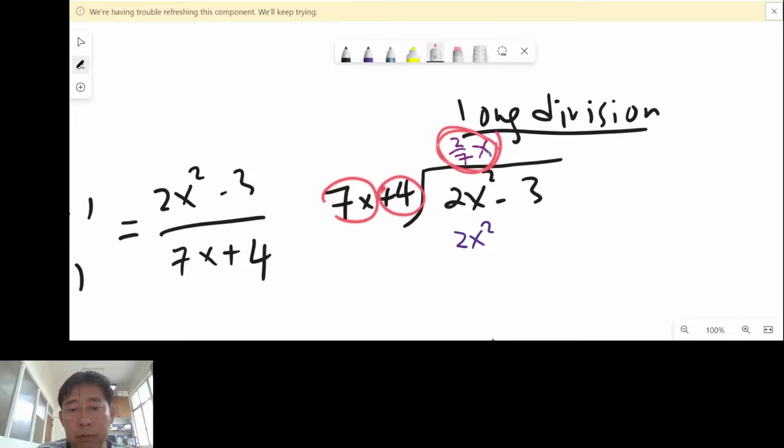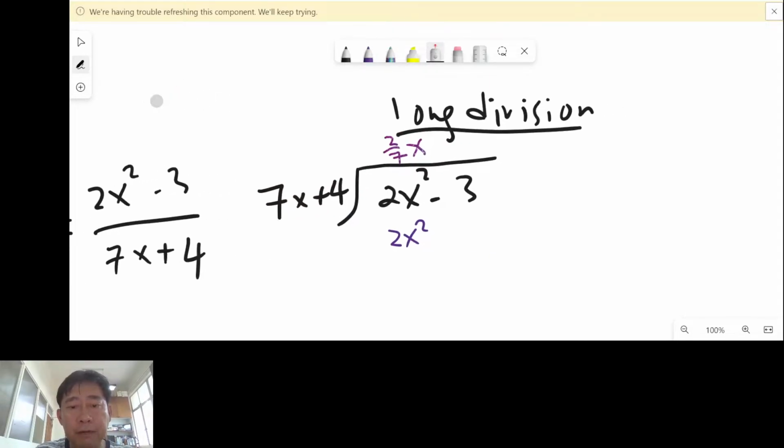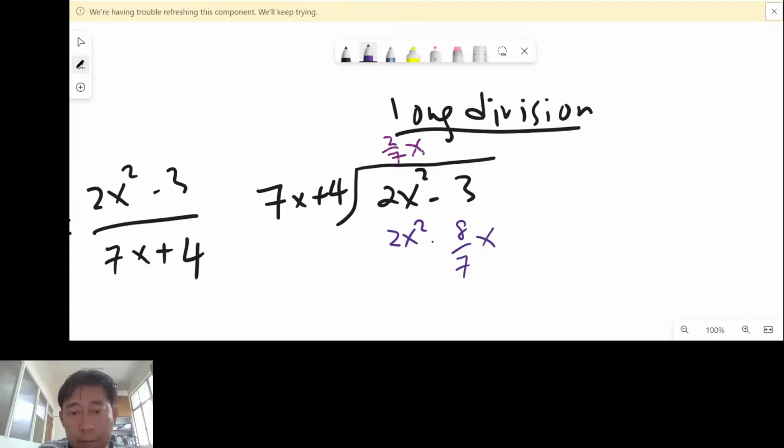So for the term 2x over 7 times 4, you get 8 over 7 x with a plus sign.